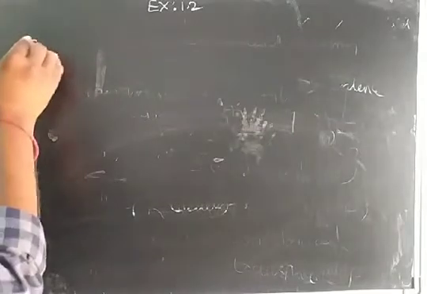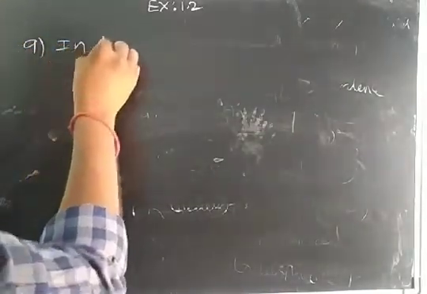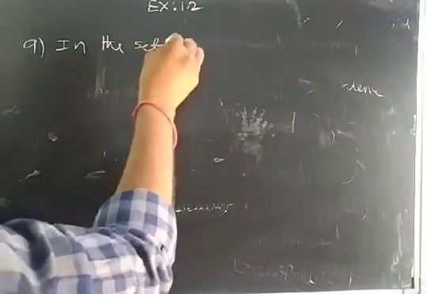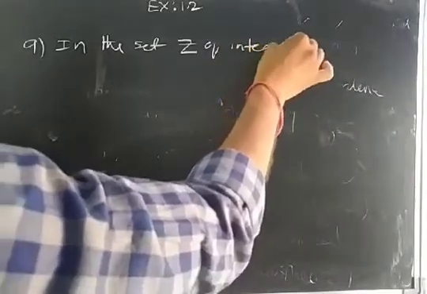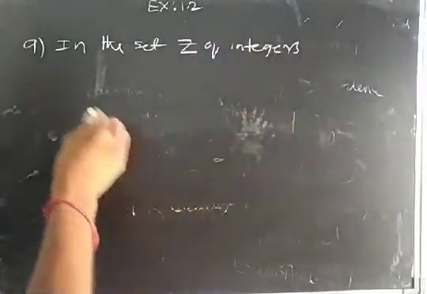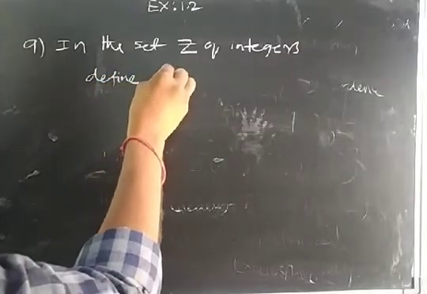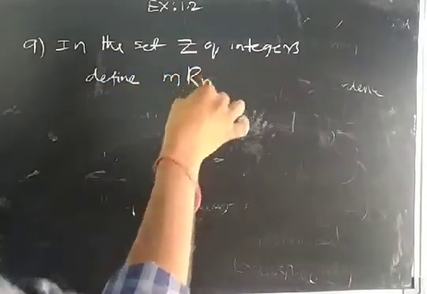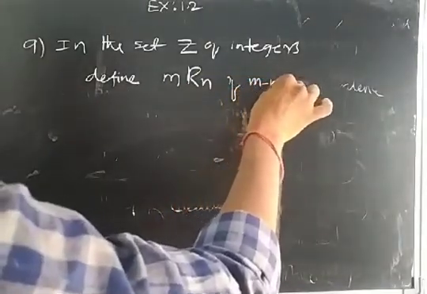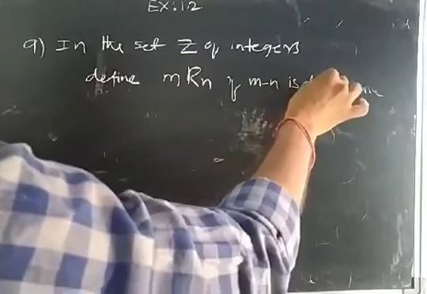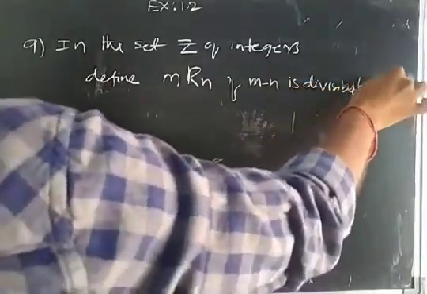Next, problem number 9. In the set Z of integers, define m related with n if m minus n is divisible by 7.